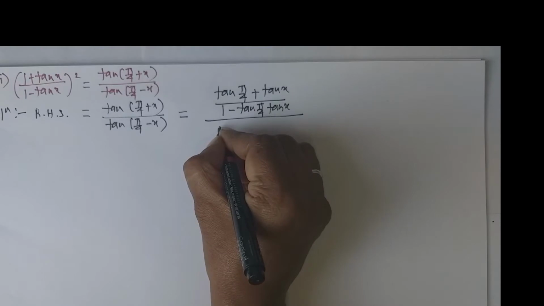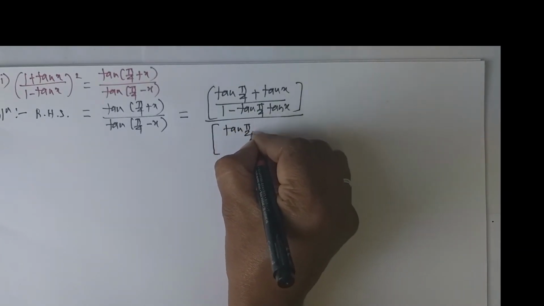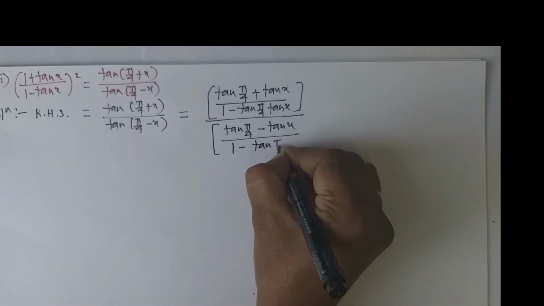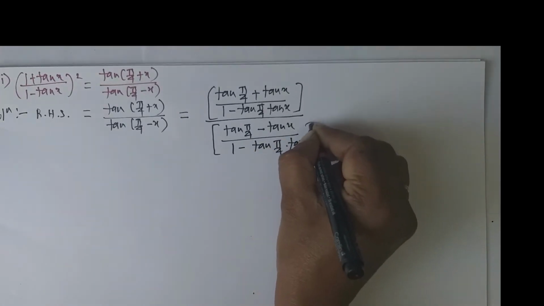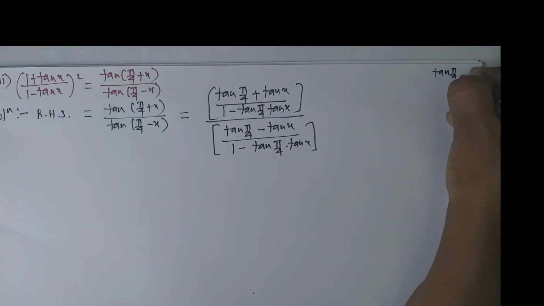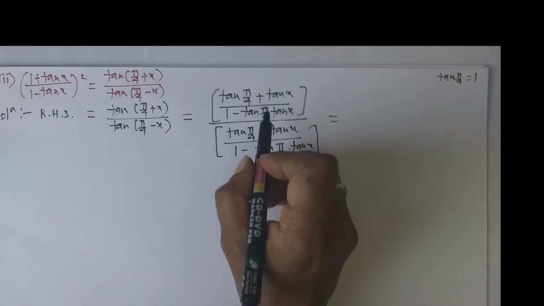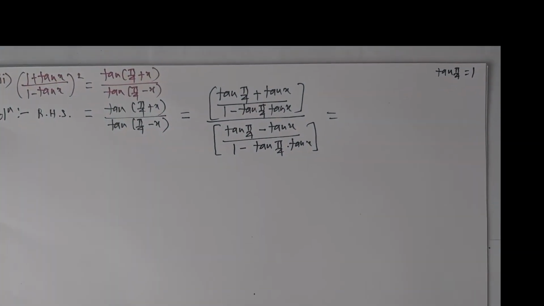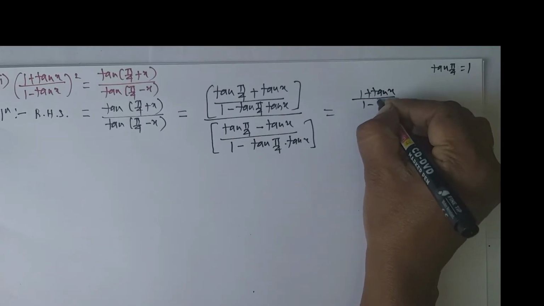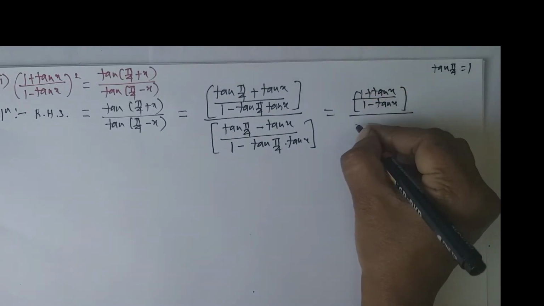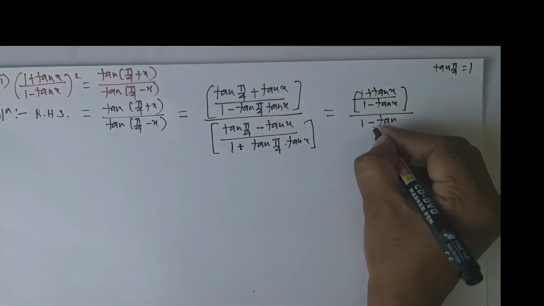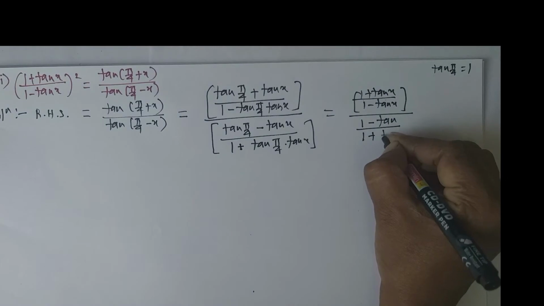And in the denominator, (tan pi by 4 minus tan x) divided by (1 plus tan pi by 4 into tan x). Now we know that the value of tan pi by 4 is 1, therefore I will keep 1 for tan pi by 4. Now this will be (1 plus tan x) divided by (1 minus tan x), divided by (1 minus tan x) divided by (1 plus tan x).